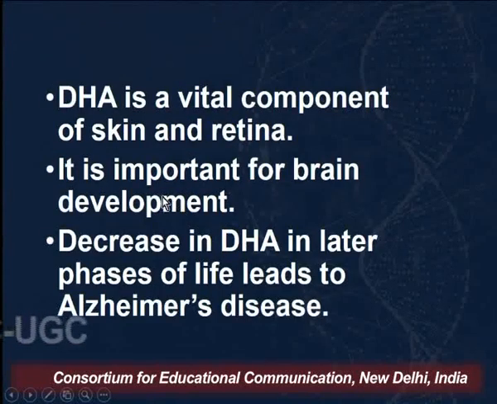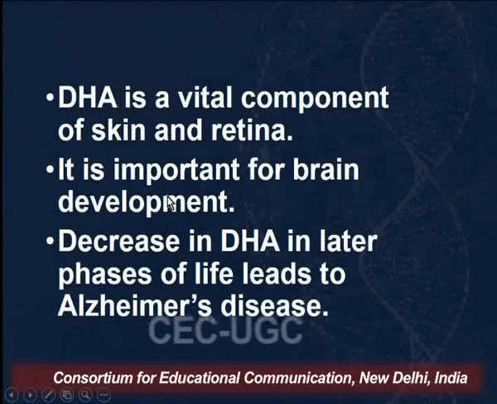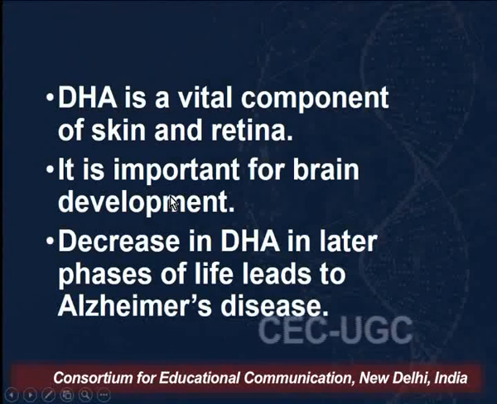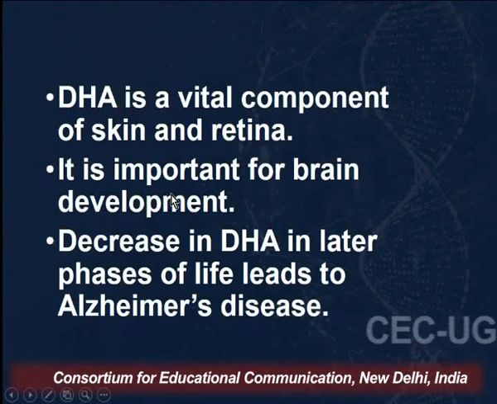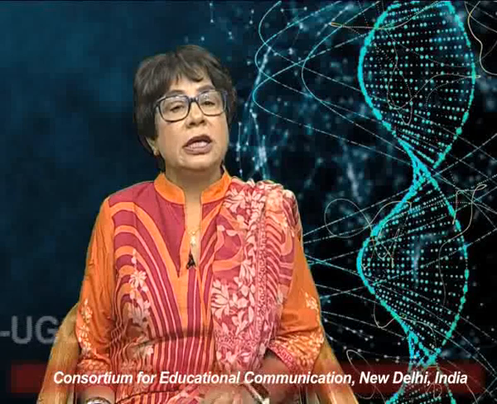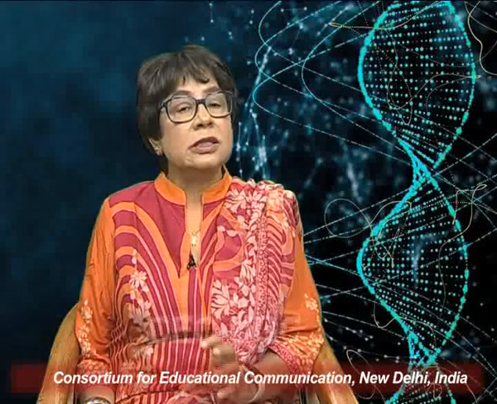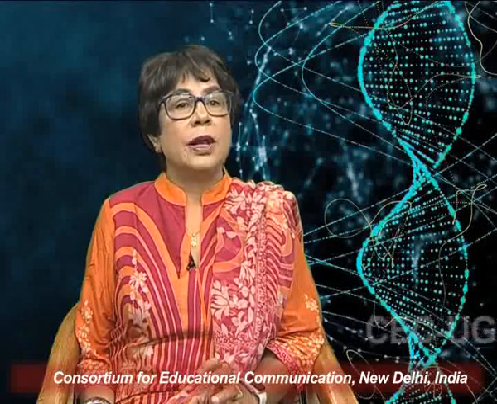Now, DHA is a vital component of skin and retina. It is important for brain development, and if there is a decrease in DHA in later phases of life, it leads to Alzheimer's disease, because please remember, this fatty acid is very important for brain health.